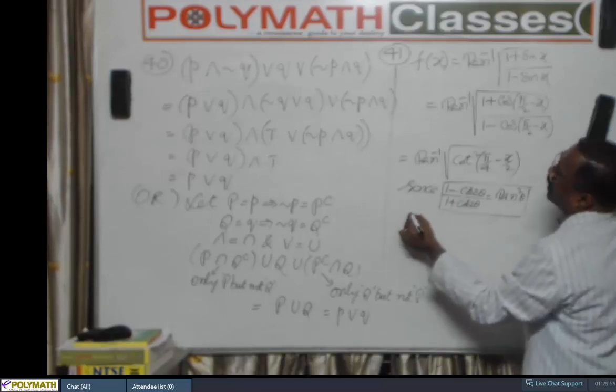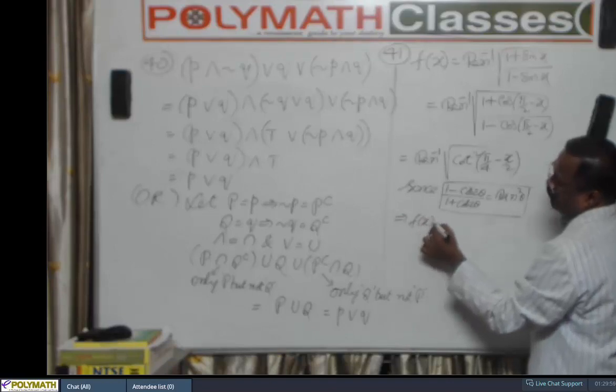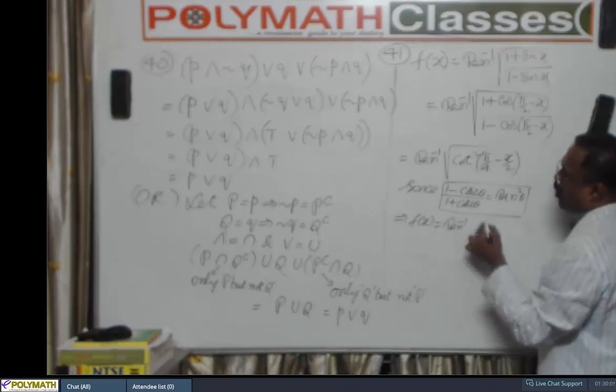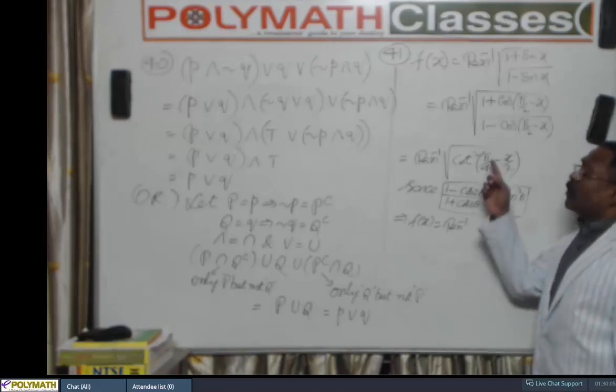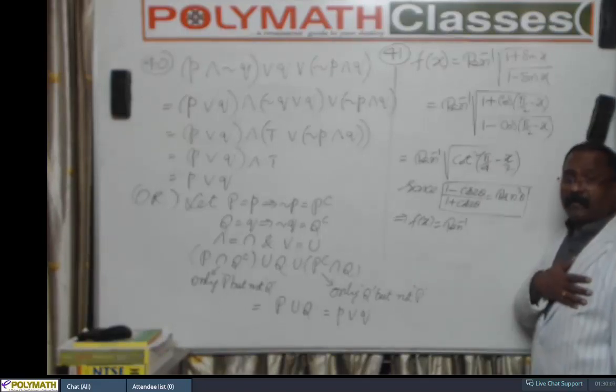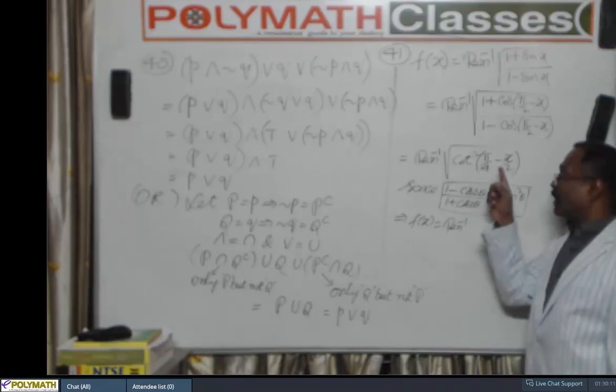So f of x becomes tan inverse of cot, you will get. Before getting any term out of the square root, you have to put modulus there because we don't know whether it is positive or negative. But it is given that x is lying between 0 and pi by 2, and hence this part becomes positive only.